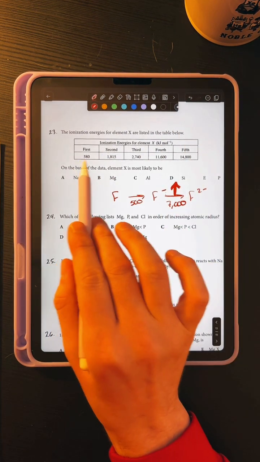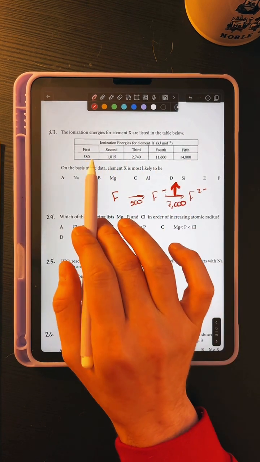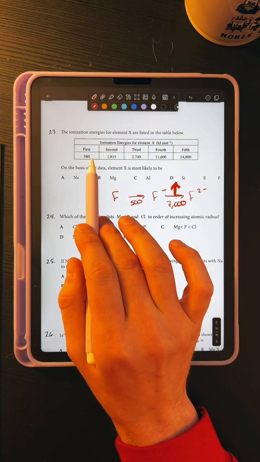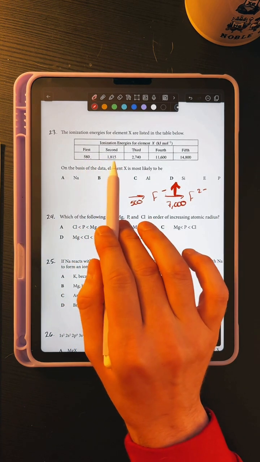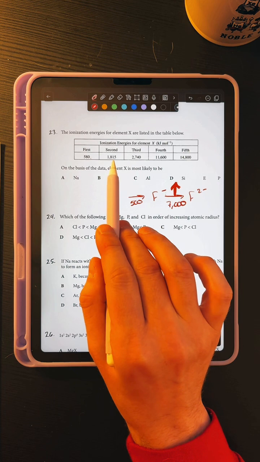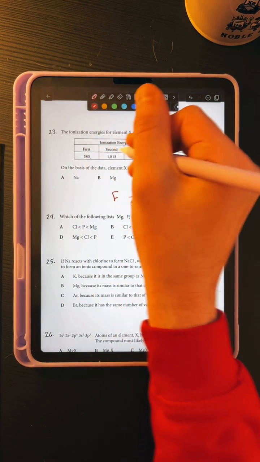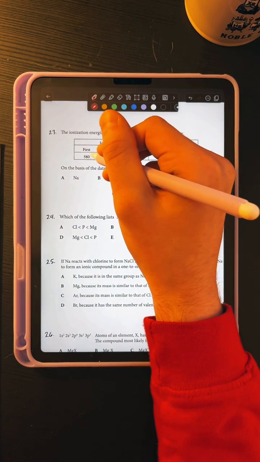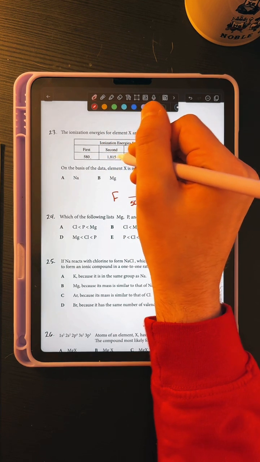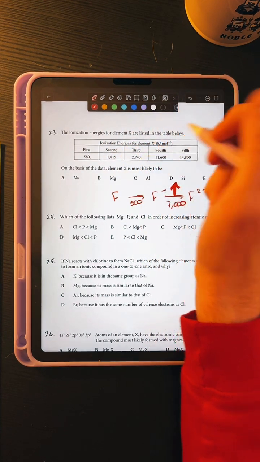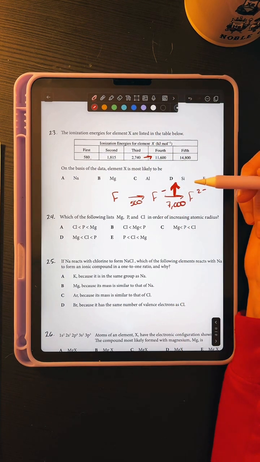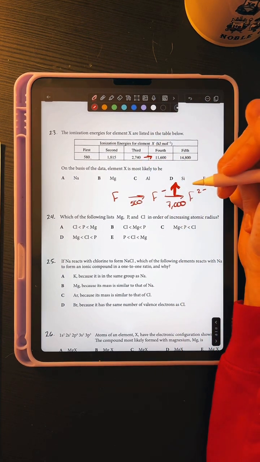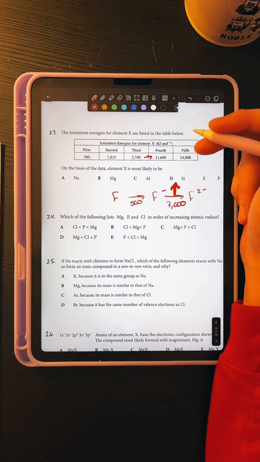So looking at the data here, we see that we have 580 for our first. Then we jump up a little bit. It's still comparable to 580. Still comparable going from second to third. So we remove 1 electron, remove another electron. Same thing here. But what happened as we went from the third to the fourth? We jumped in our ionization energy.